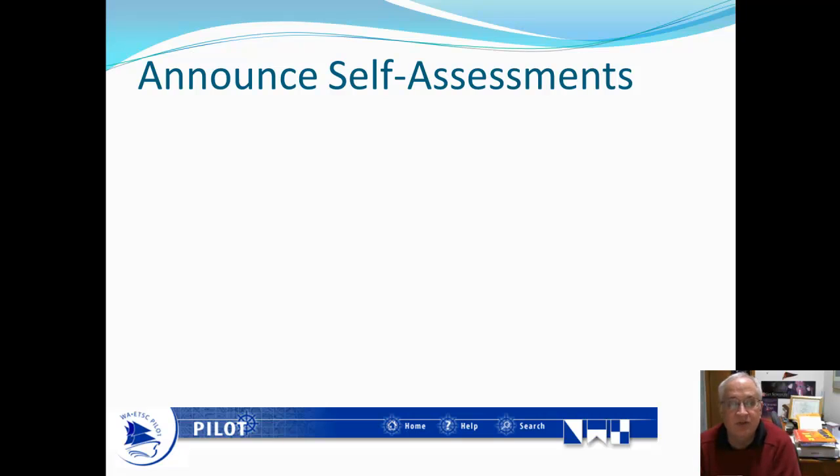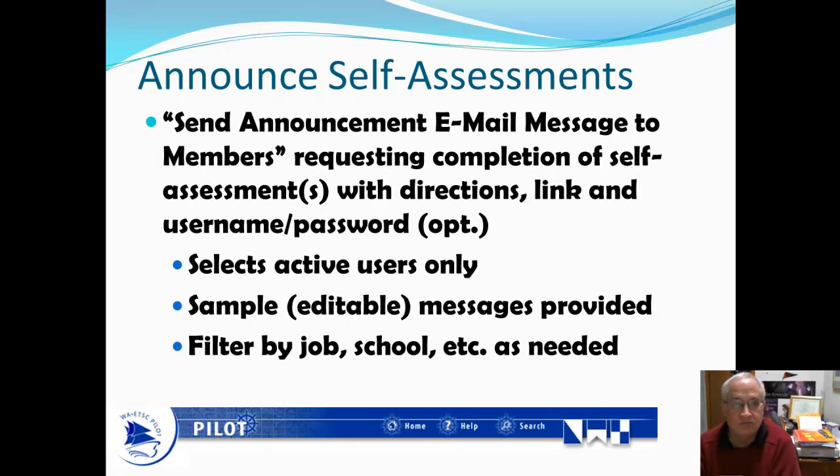All right, so once you have your users in and their email addresses are correct, now it's time to announce the self-assessments, or in other words, ask them to take them through an email message. We have a tool called Send Announcement Email Message to Members, with sample messages that you can edit.